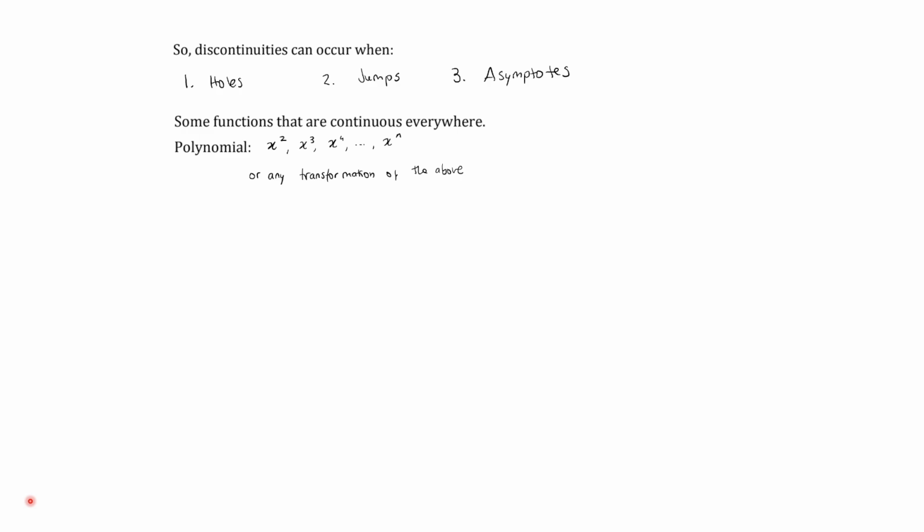The second type of function that is continuous everywhere is exponential functions, right? So anything like 2 to the power of x or 3 to the power of x, e to the power of x, right? Anything of the shape a to the power of x, or even logarithmic functions as well, right?